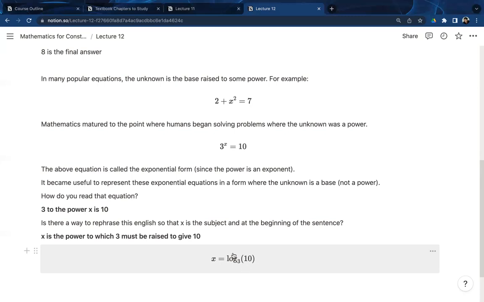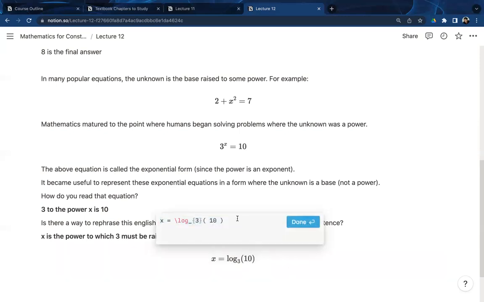And you're asking me what power 3 has to be raised to give 10. I don't know exactly what this answer is, but I know it's more than 2 because 3 squared is 9 and 10 is a little bit bigger than 9. So I expect this answer to be 2 point something. Now it can't be 3 either, because 3 to the power 3 is 27. So this answer is somewhere between 2 and 3, and it's very close to 2, closer to 2 than to 3.